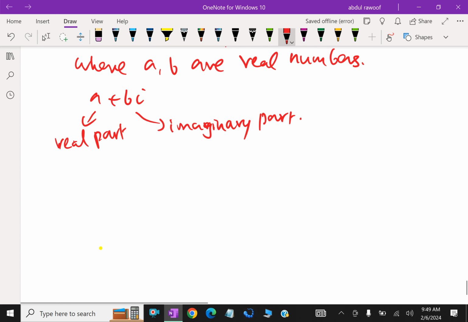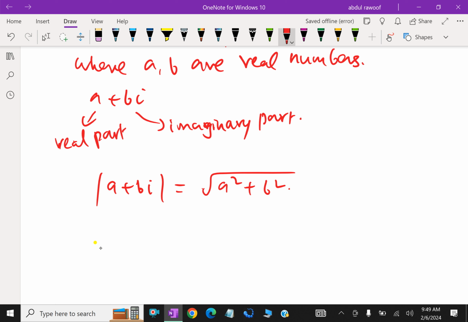Now, the modulus of a complex number a plus bi is represented by the square root of real part squared plus imaginary part squared.